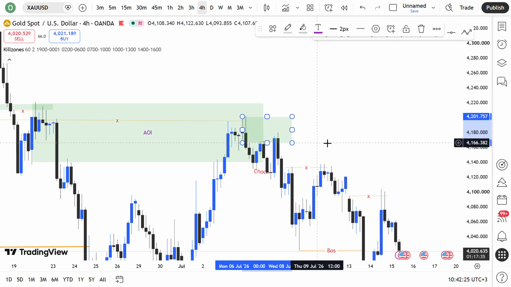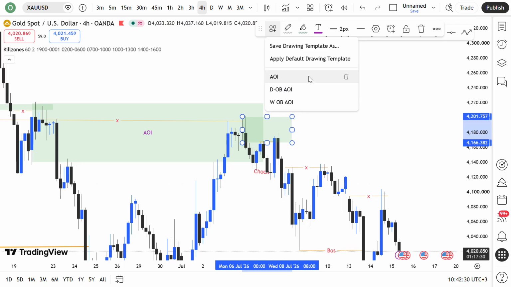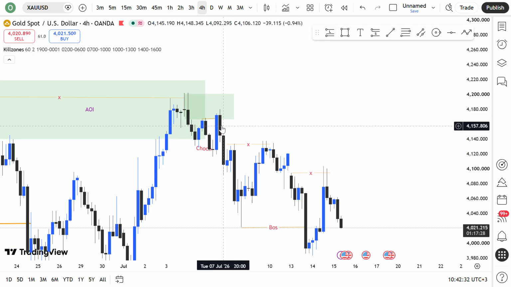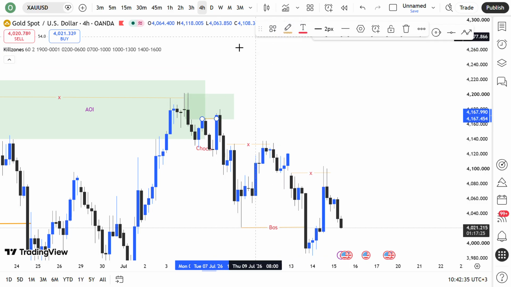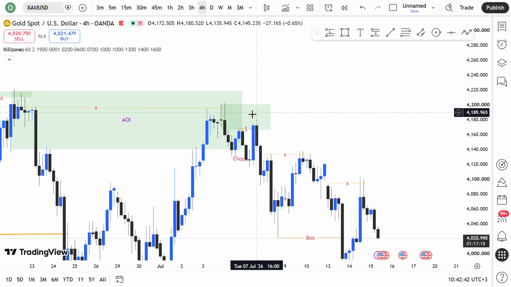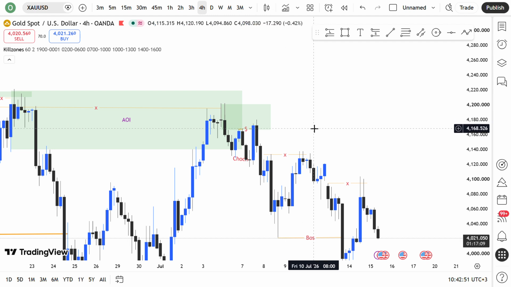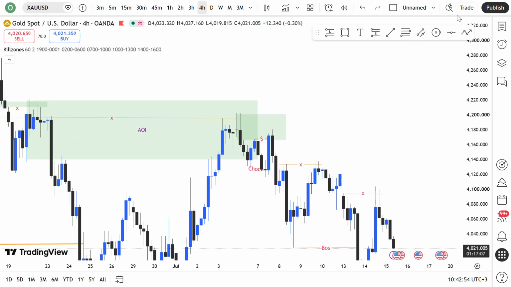So after this liquidity has been swept out, we are going to be very aggressive and execute our trades from this order flow. Remember, this is an order flow that has a fair value gap inside it. So we are going to execute our trades from this high that has been swept out.